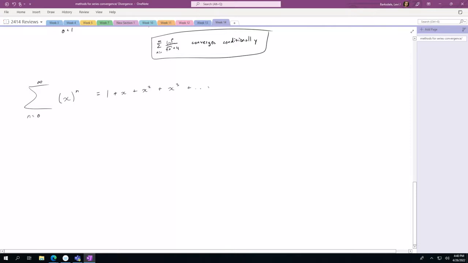Yeah. Okay. But I also know that this is actually a geometric series, right? So what's the ratio? Right. So it's a geometric series, and the ratio is x. Which means what values of x does this series converge for?